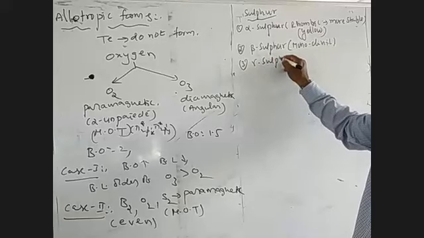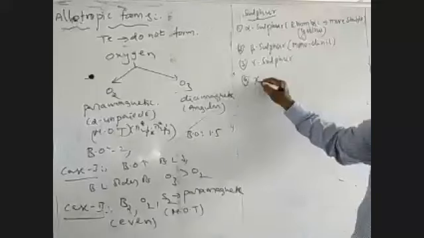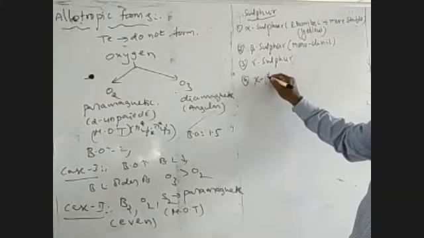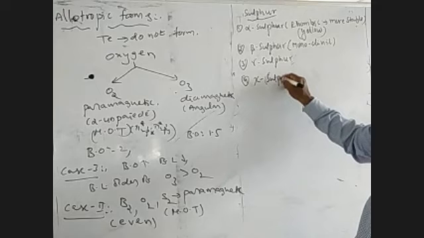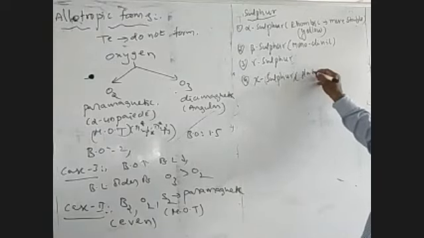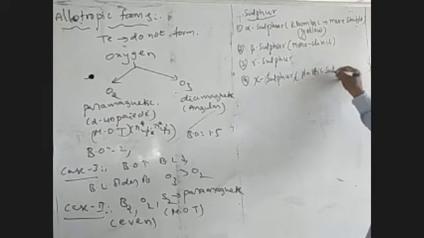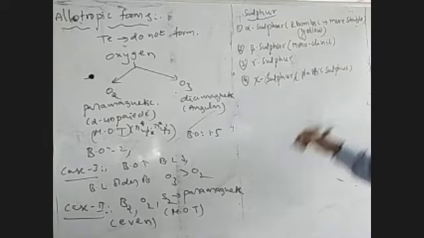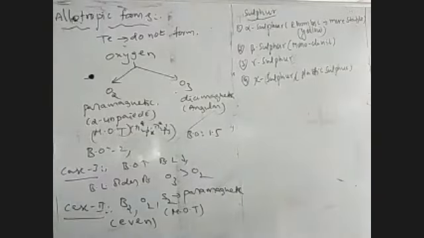Four is called chi sulfur, or plastic sulfur. These are the four different allotropes of sulfur. Alpha sulfur is called rhombic, it is the most stable, and it is also called yellow sulfur. Beta sulfur is called monoclinic, and chi sulfur is also called plastic sulfur.